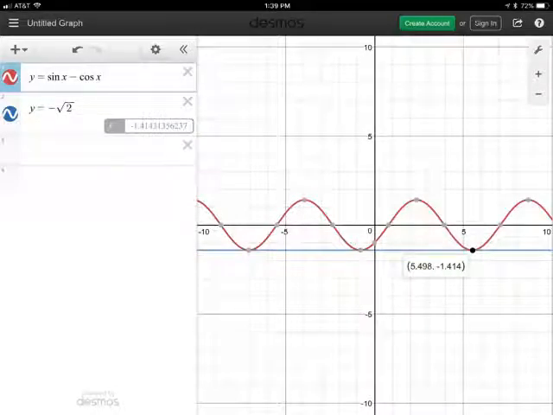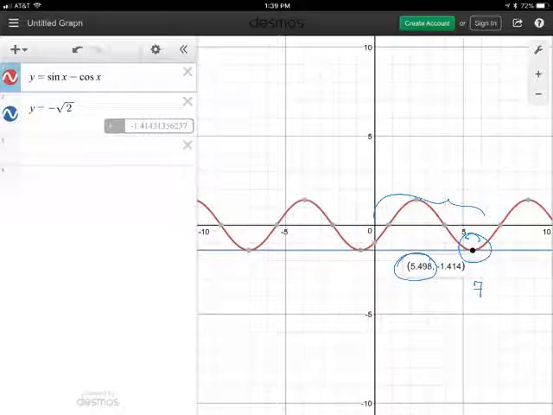If here I graphed y equals sine of x minus cosine of x, and y equals negative the square root of 2, there's one point of intersection in the interval from 0 to 2 pi. Okay. If we actually calculated that, 7 pi over 4 is 5.498. So we can have an idea of what our solution is, and in fact there's only one solution before we go on.